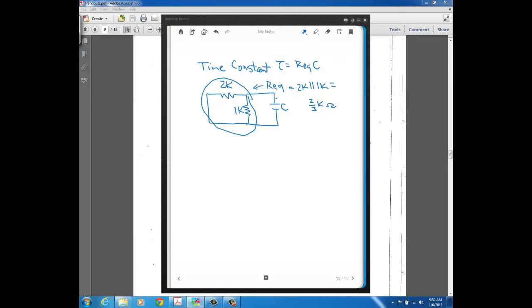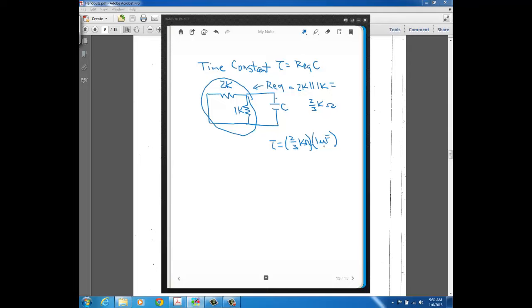Alright, so now the time constant, tau, would be that 2/3 k times the capacitor, which was a microfarad, if I remember correctly. Yeah, I didn't write it here, but if you look back at the original problem, the capacitor had a value of 1 microfarad. Okay, this is k ohms. So k is 10 to the +3.